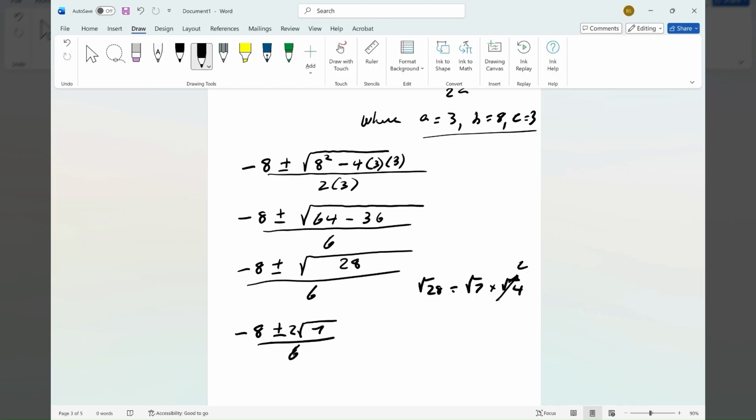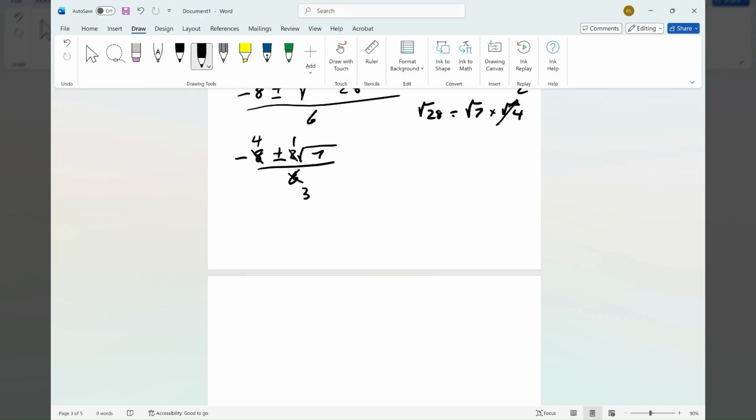Now let's simplify that. 2 will go into 6 three times, 2 will go into 8 four times, and 2 will go into 2 once. We are left with y is equal to negative 4 plus or minus square root of 7, all over 3.